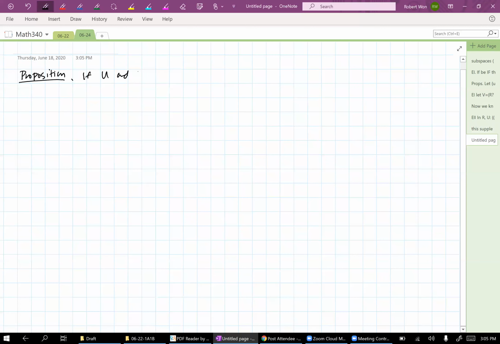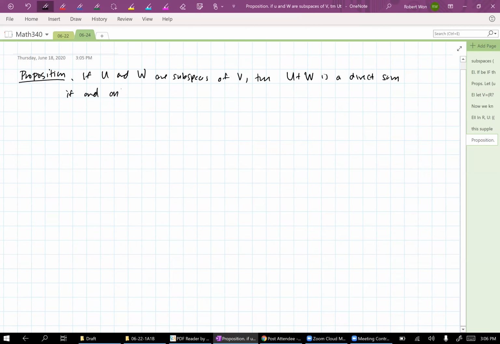If U and W are subspaces of V, then U plus W is a direct sum if and only if U intersect W equals the zero vector.